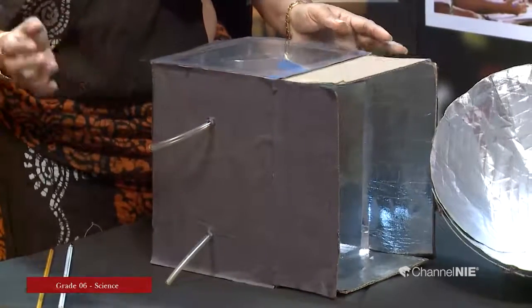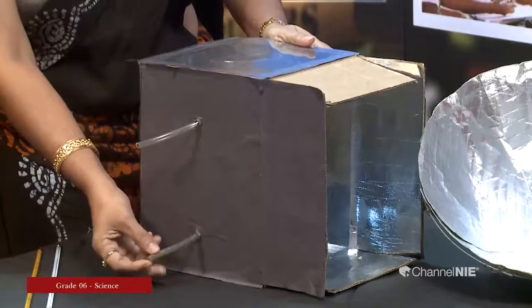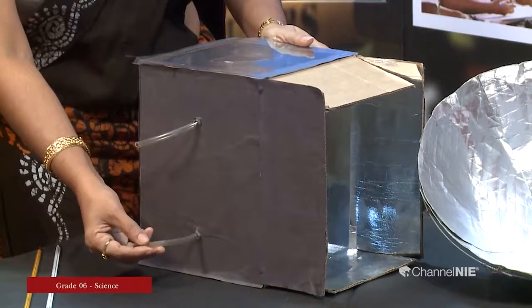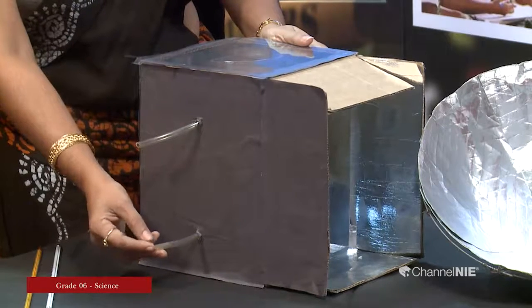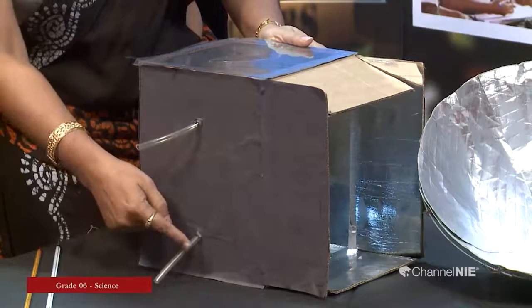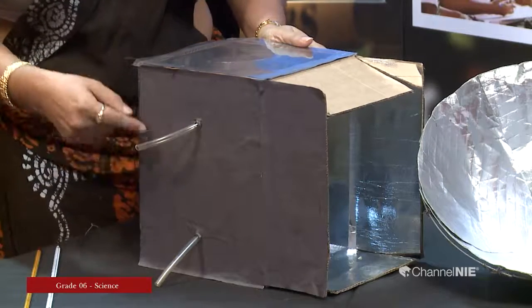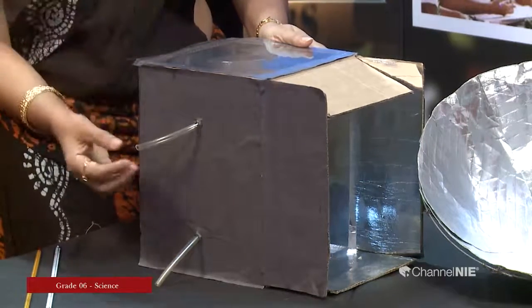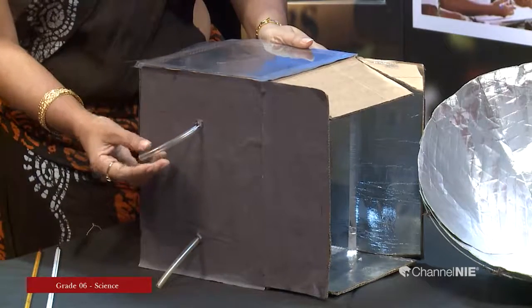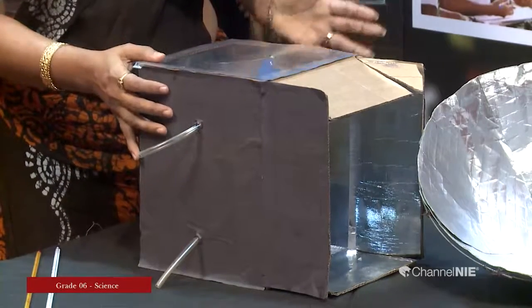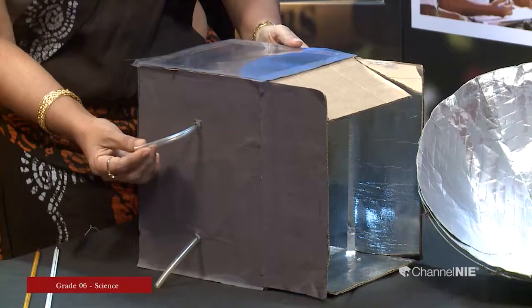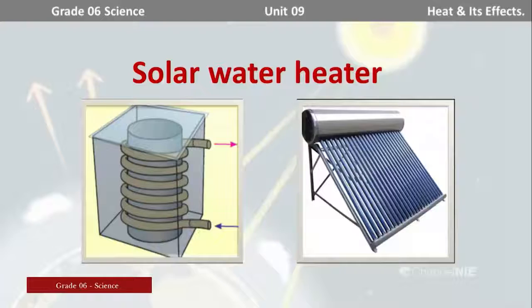Then what we can do is we can fix this rear end. This lower end is connected to a tap or a water flow. Then water is allowed to go into the rubber tube. We can keep this item in the sun, then we can obtain hot water from this end, right. So, that is the normal process taking place inside this model. This is similar to the action of a solar water heater.